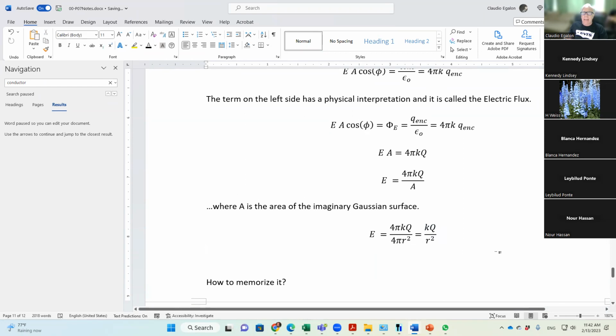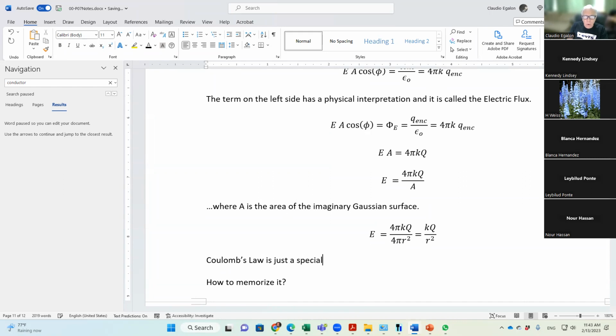When you do the math, you find out that the electric field of a point charge using Gauss's law coincides with the electric field of a point charge using Coulomb's law. So I would say that Coulomb's law is just a special case of Gauss's law.